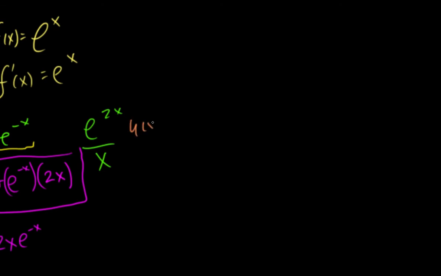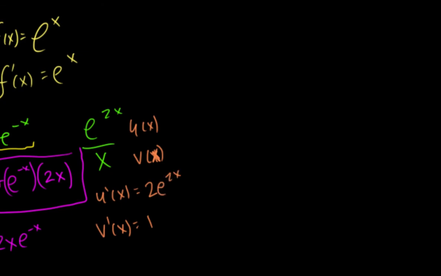Okay. So u of x, v of x, and then u prime of x and v prime of x. So v prime is just 1. U prime is going to be 2e to the 2x.